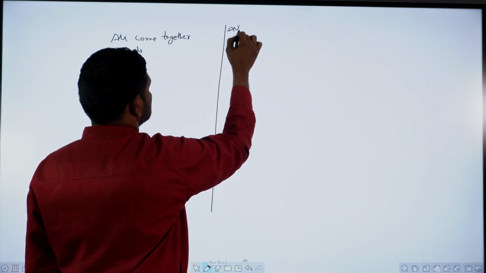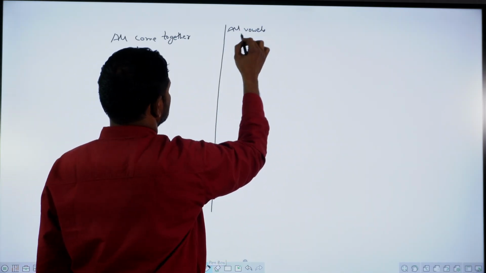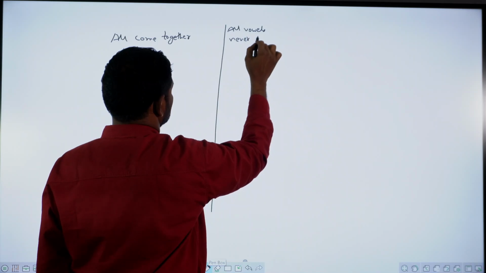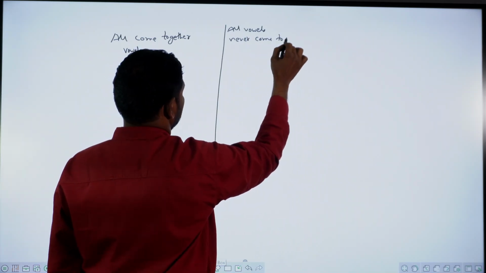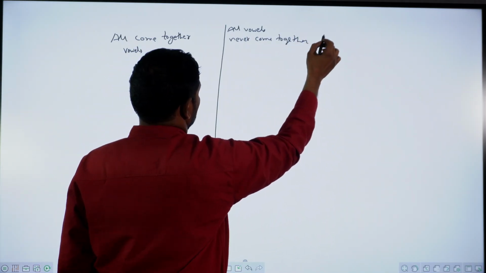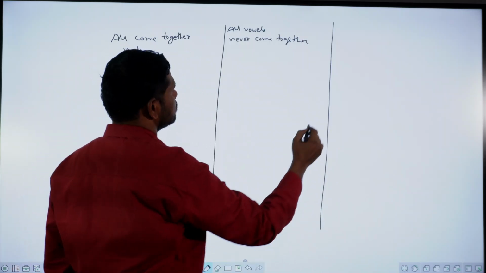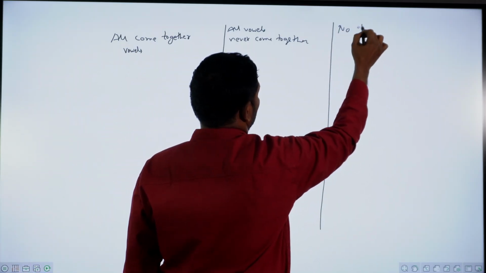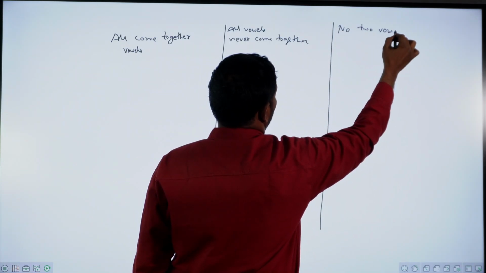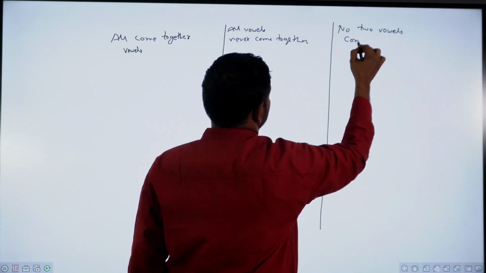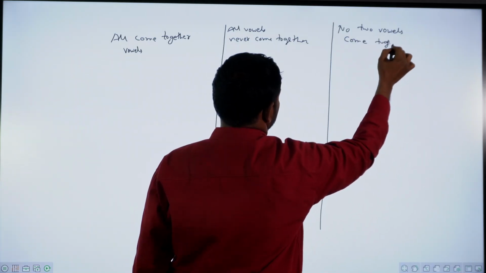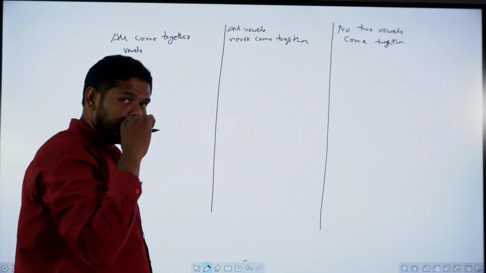So, all vowels never come together. All vowels never come together. Right. 3 different concepts. Here, no 2 vowels come together. These are again very, very important.